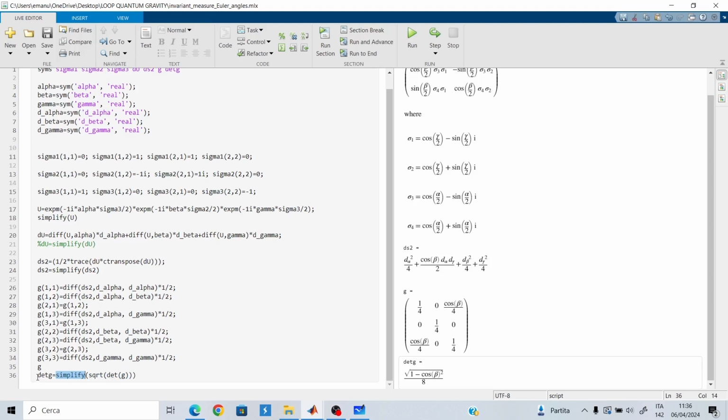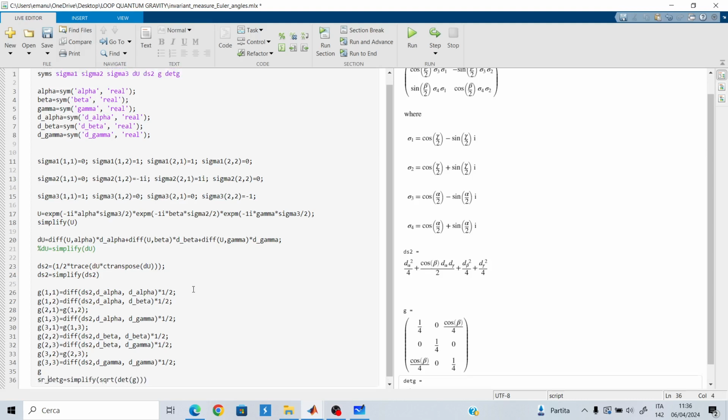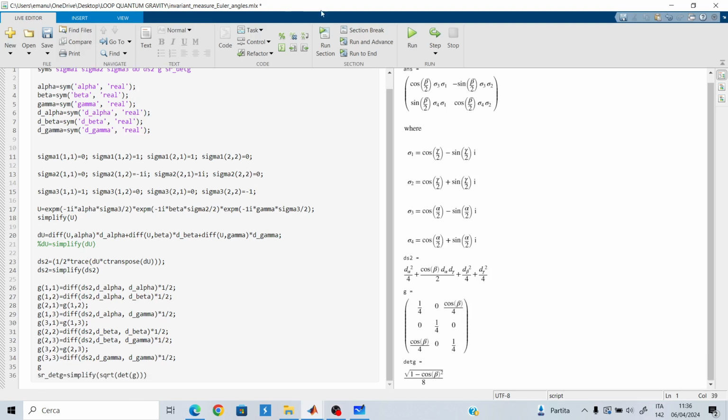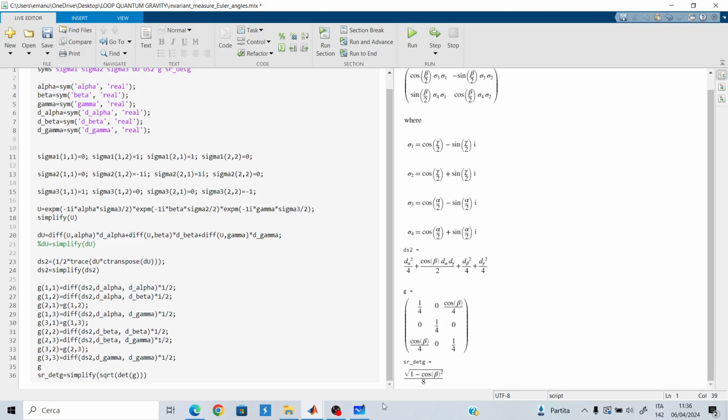So it would be more convenient to write it as a square root of determinant of G, and I have to define this quantity, that G, to be SR sub that G. But this is just a definition after all. I can call it whatever I want.